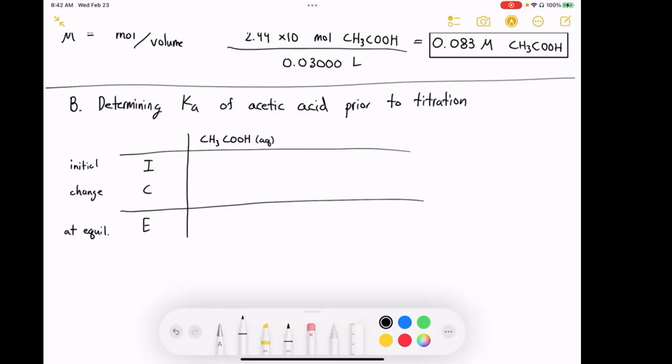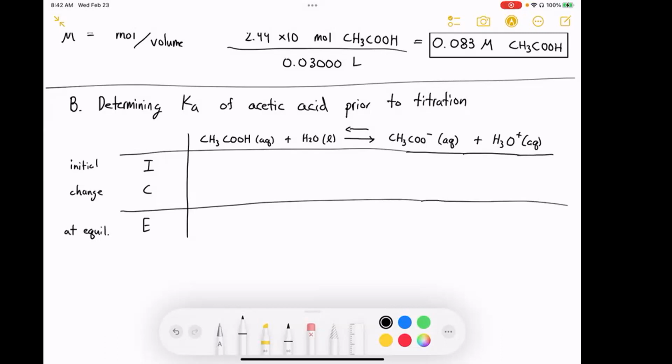So it'll be in solution plus water, and that will give us an equilibrium state where we have the conjugate base CH3COO minus, plus H3O plus, where water acts as a Bronsted base.